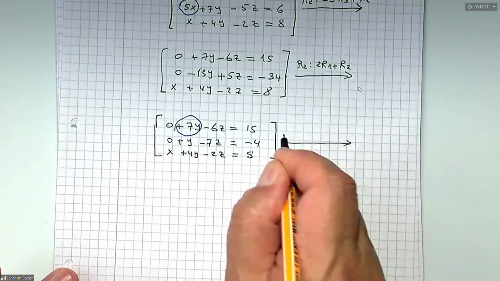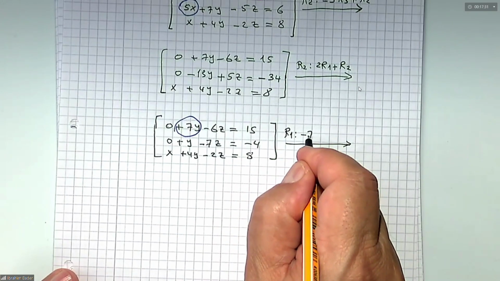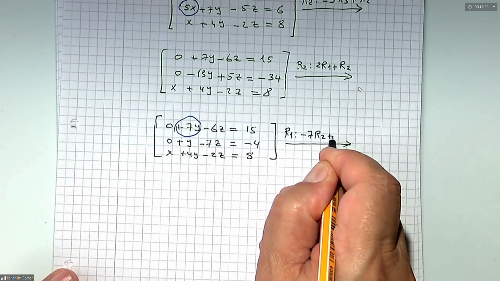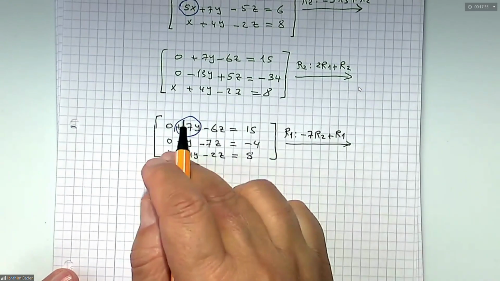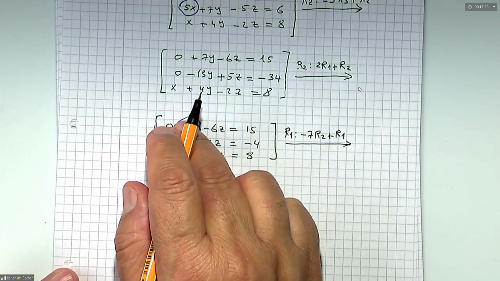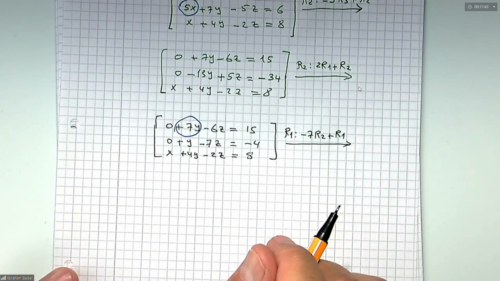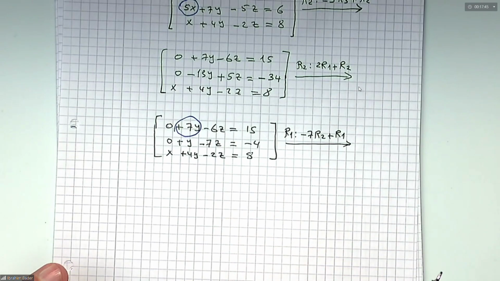The first row will be replaced by minus 7R2 plus R1. Because if I multiply with minus 7, I will have negative 7y here, and it will simply cancel. Let's see if I do it again on the scratch paper, what do I get?